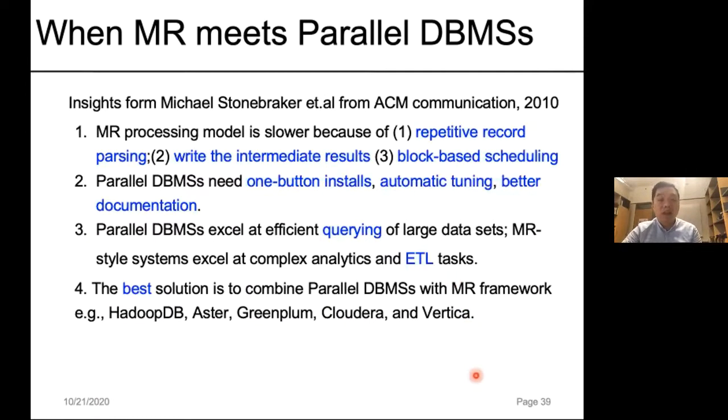So Michael Stonebraker's ACM Communications 2010 article gained insights from the following 4 aspects.